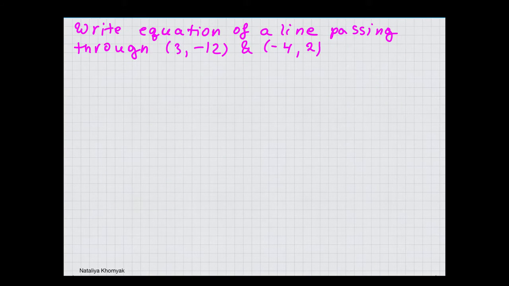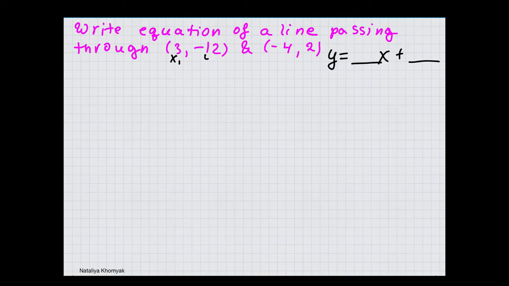Write equation of a line passing through 3, -12, and -4, 2. And our solution will look like y equals, we need to find slope in front of x plus b.